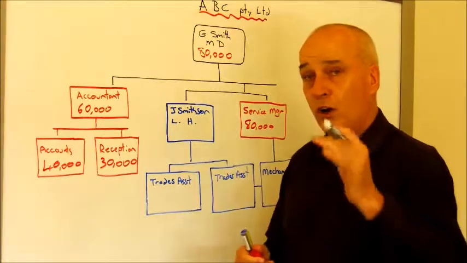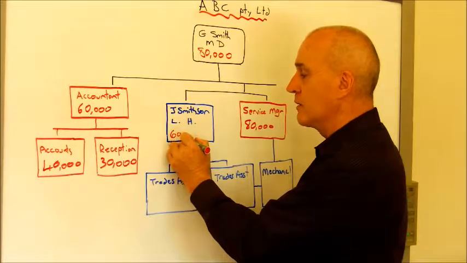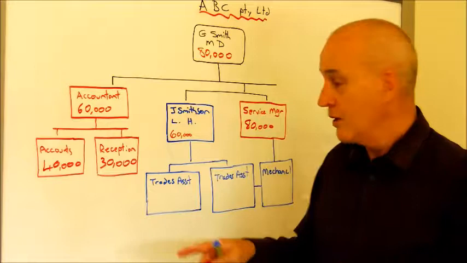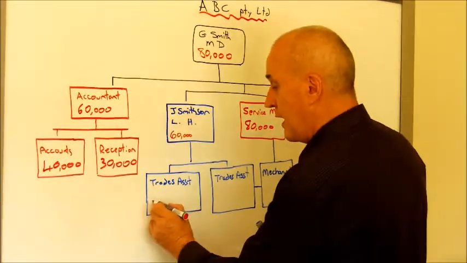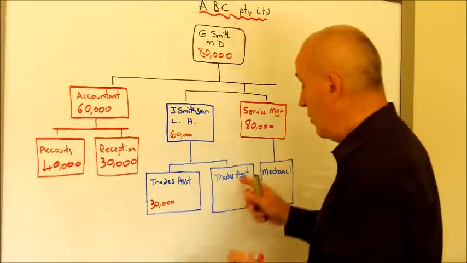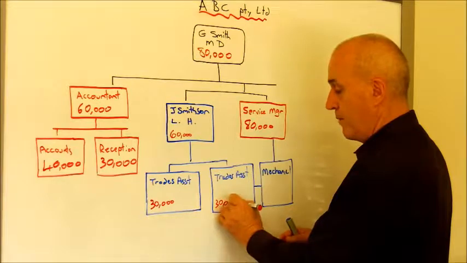Now what I would suggest here is, let's say we show the $60,000. That's the expense. We'll show the trades assistant as $30,000 as an expense. We'll show the other trades assistant as, let's say, $30,000.